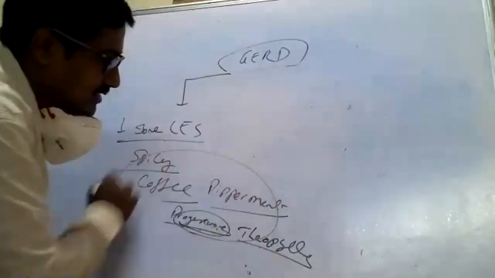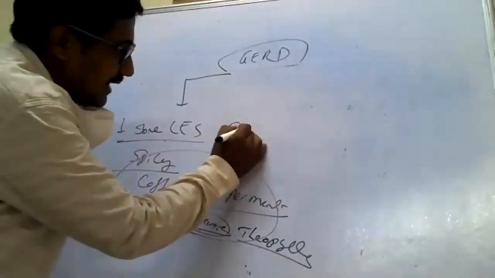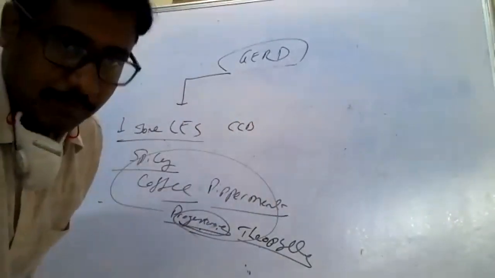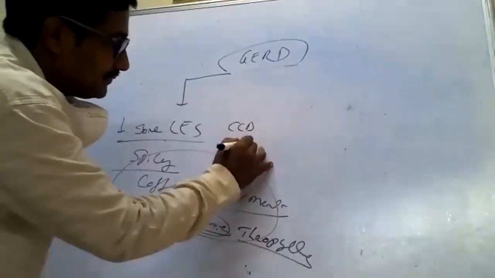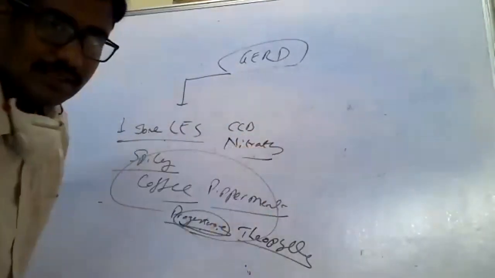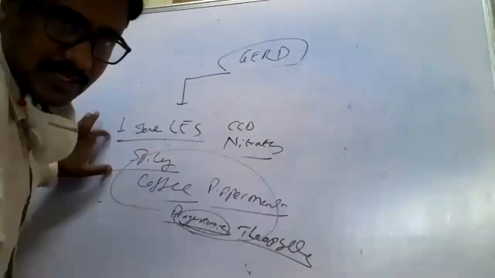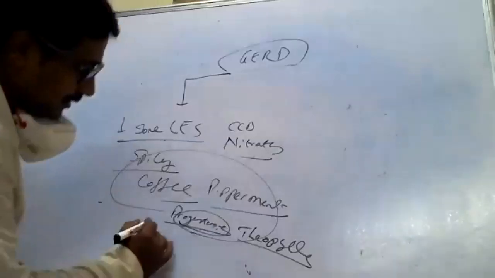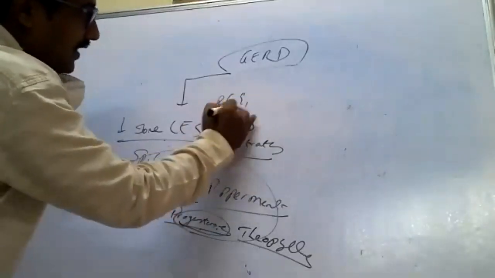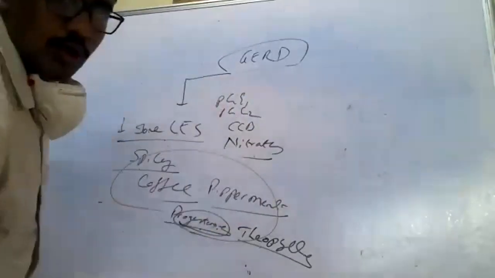Apart from all this, we have drugs: calcium channel blockers and nitrates. They relax the lower esophageal sphincter pressure. We also have prostaglandin E1 and prostaglandin E2.